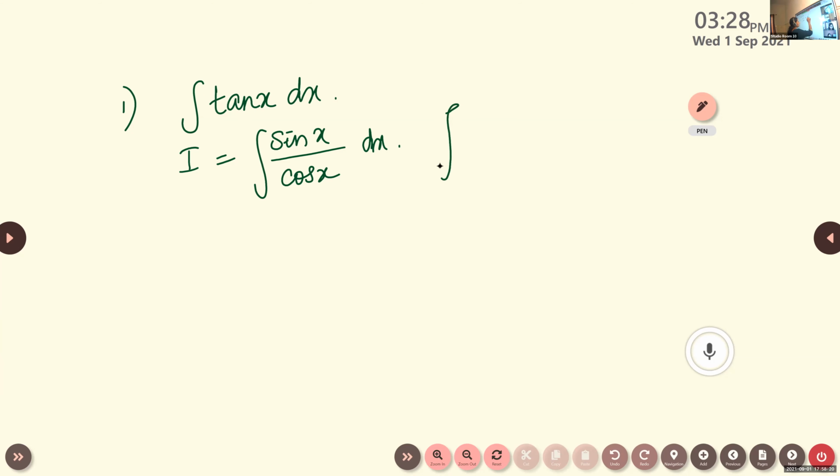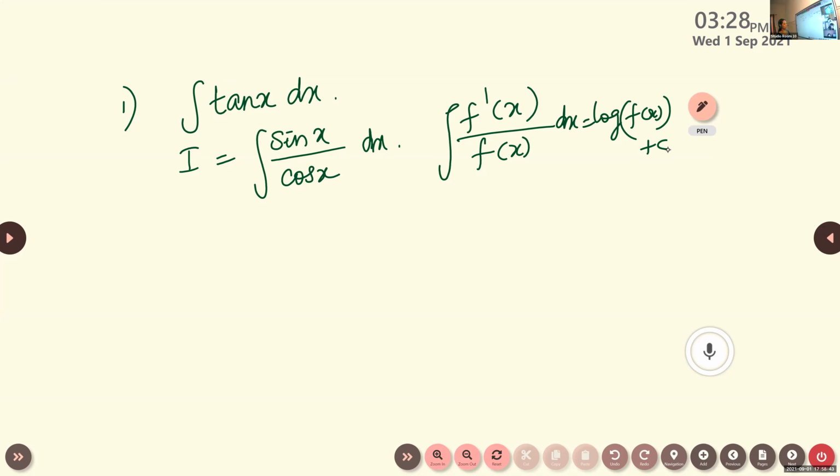So what is the formula? Now we learned integral of f dash of x by f of x into dx is log of f of x plus c. Whenever the derivative of denominator is in the numerator, you can write log of denominator plus c.